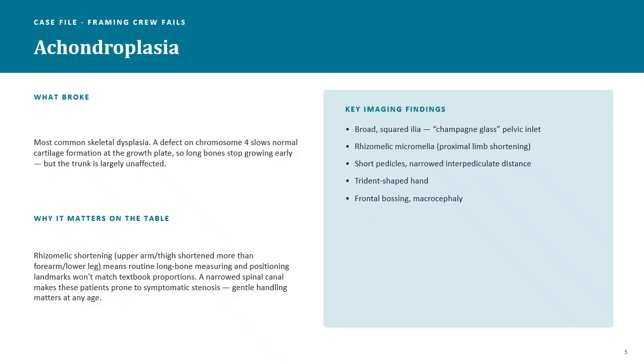On the images, you might see broad, squared iliac wings. All right, so we're talking about the pelvis area. The pelvis itself is also described as having what we consider a champagne glass appearance.